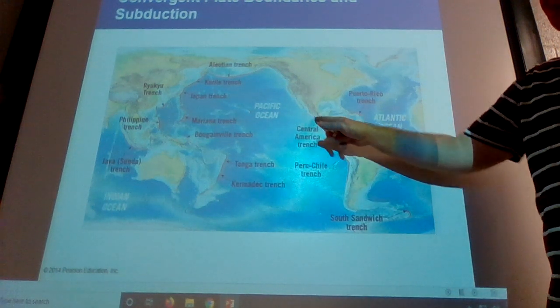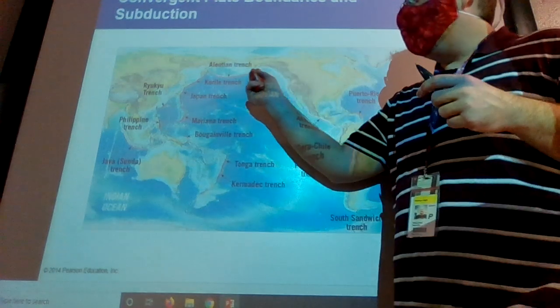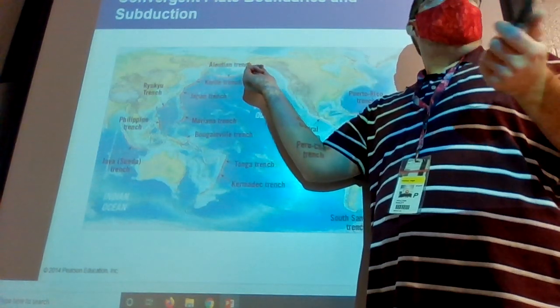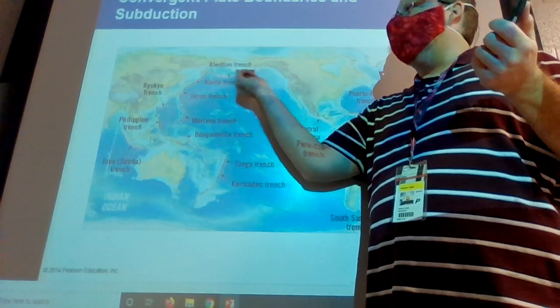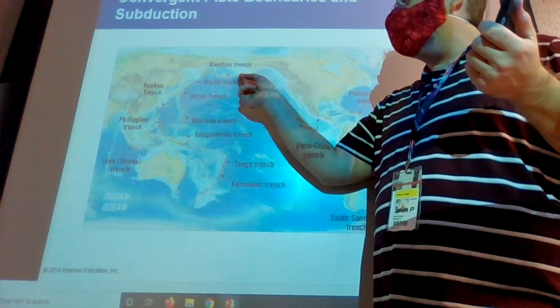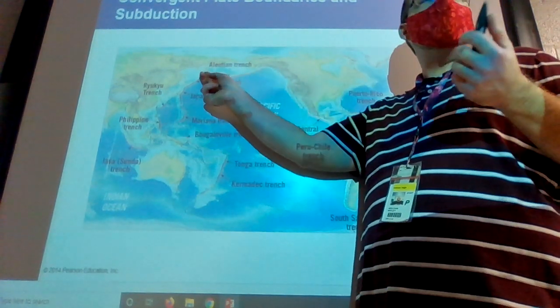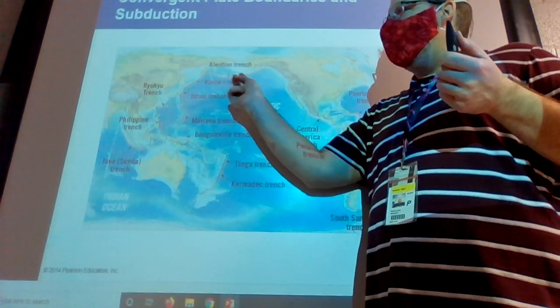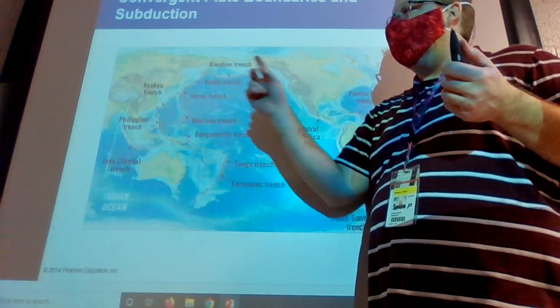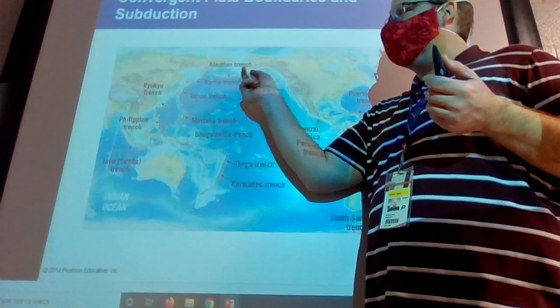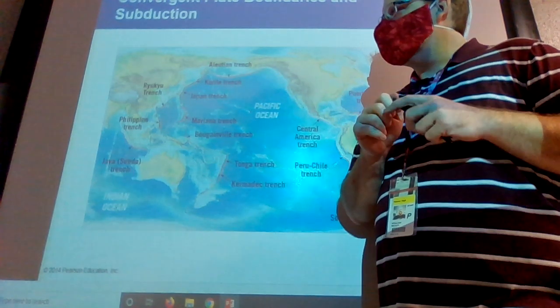Central America down here has subduction zones all along it. This island chain is this very long hook that is Alaska. I doubt all of this all the way over here is Alaska, but all of it is connected to the same feature off of this little hook of Alaska.